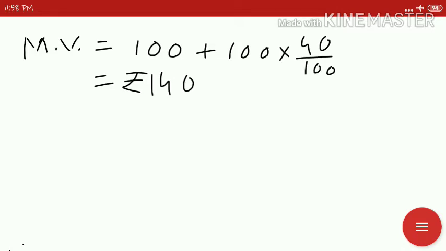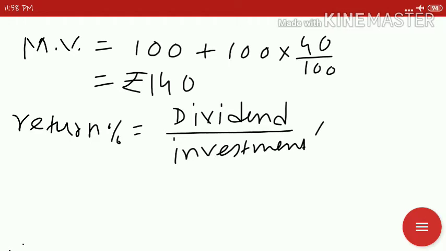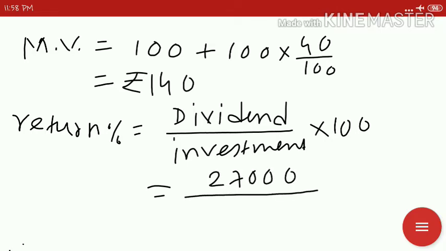Now we will calculate the return percentage. Return percentage equals, according to the formula, dividend by investment into 100. I have already calculated the dividend, that is 27,000, and the investment we have not calculated yet, but we can do it here.